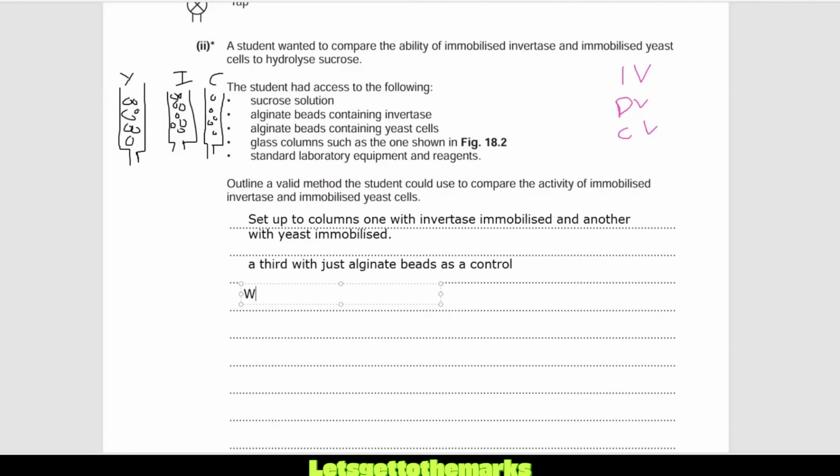Okay, so we can measure the speed of reaction using Benedict's solution, which will go from blue to a red precipitate, right?